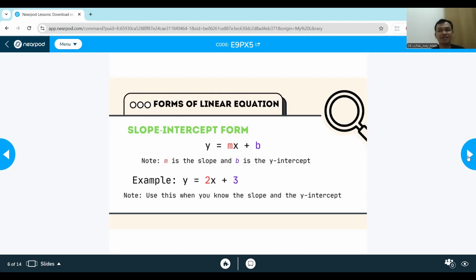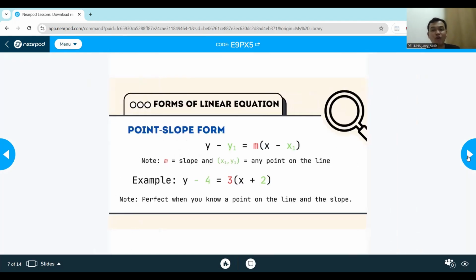When we say slope, this is how steep a line is. And y-intercept is where the line crosses the y-axis. So in the given example, y is equal to 2x plus 3. 2 is the slope and the y-intercept is 3. We use this form when you know the slope and the y-intercept.